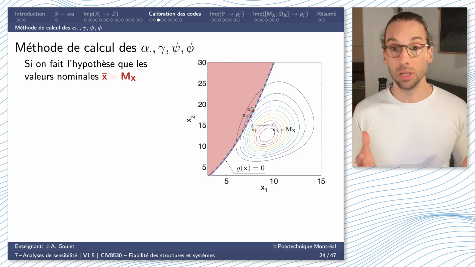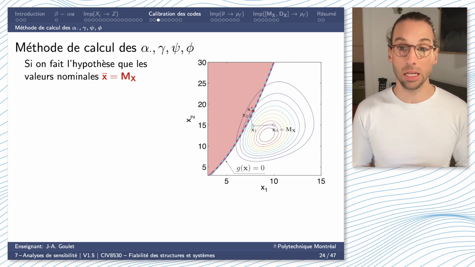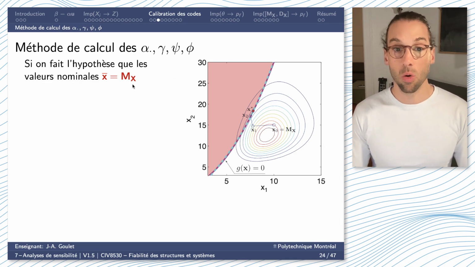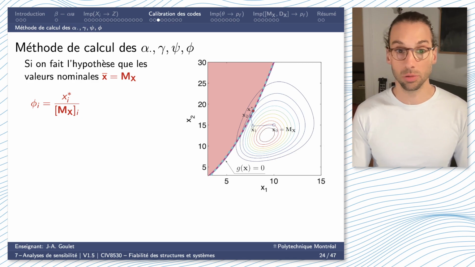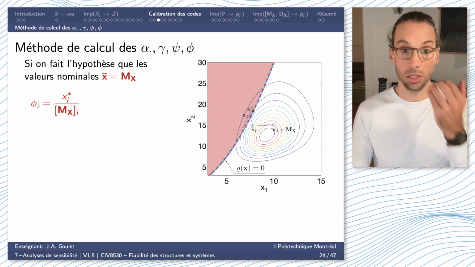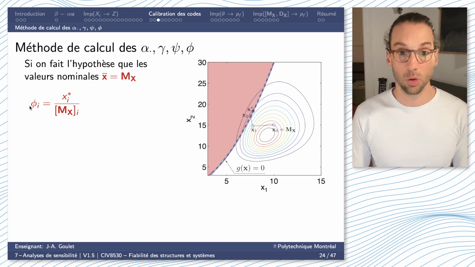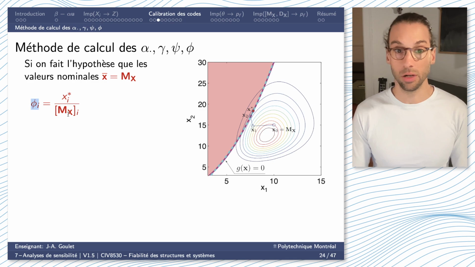So how do we do this? First, we're going to make the hypothesis that our nominal design value x bar is equal to the mean of our random variables. Then, by definition, the coefficients phi_i associated with one random variable should be equal to the value of that variable at the design point divided by its mean value.